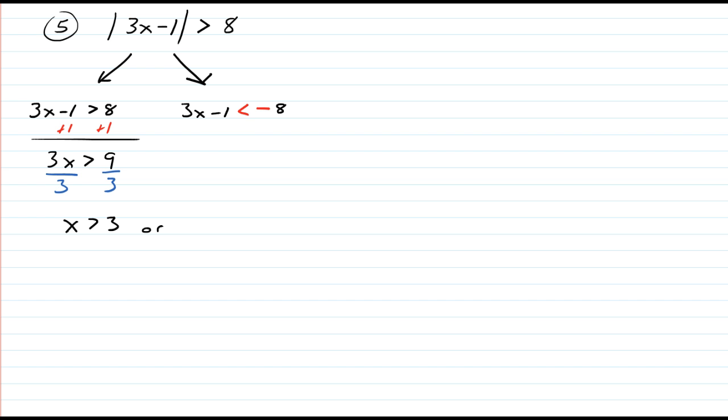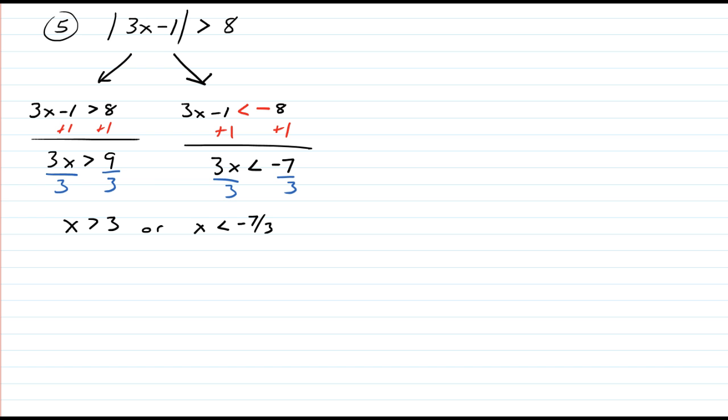Or, and we solve the other one, add 1. And we get 3x is less than negative 7. Divide by 3. And 3 can't go into 7, so you just leave it like that. x is less than negative 7/3.